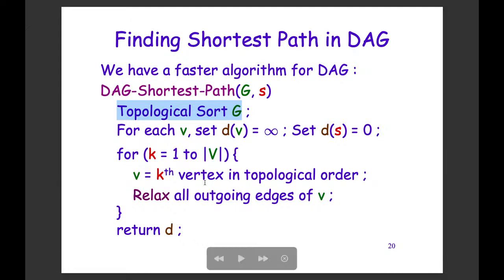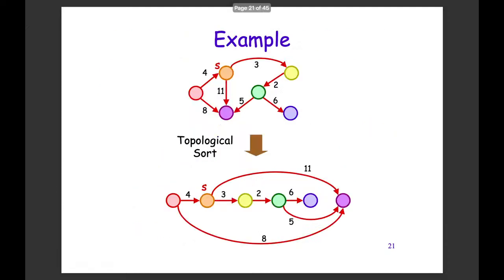We will have an example and see what it means. The difficult part here is just the topological sort. Once the topological sort is done, we can process the vertices one by one from left to right and calculate the correct distance using dynamic programming.